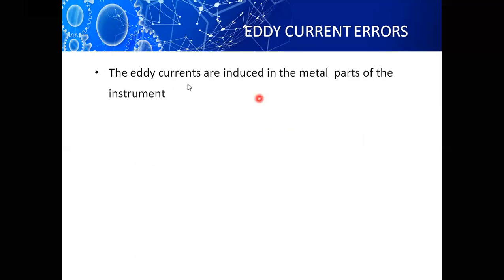The other error that we are going to see is eddy current error. Eddy currents are induced in the metal parts of the instrument. Induced eddy current will produce some torque. We have seen that because of frequency errors, some eddy current errors are produced. Because of the eddy currents, some torque is produced.